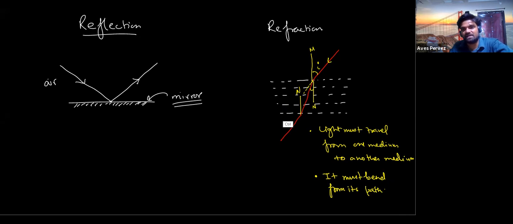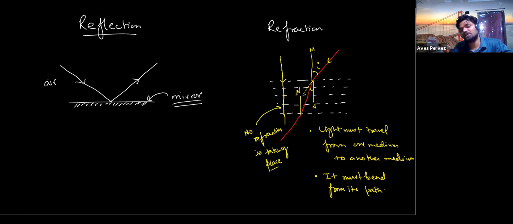If I pass the light normally to the boundary of the water, then it goes undeflected, without bending, and passes through the medium. So here we will say that no refraction is taking place.